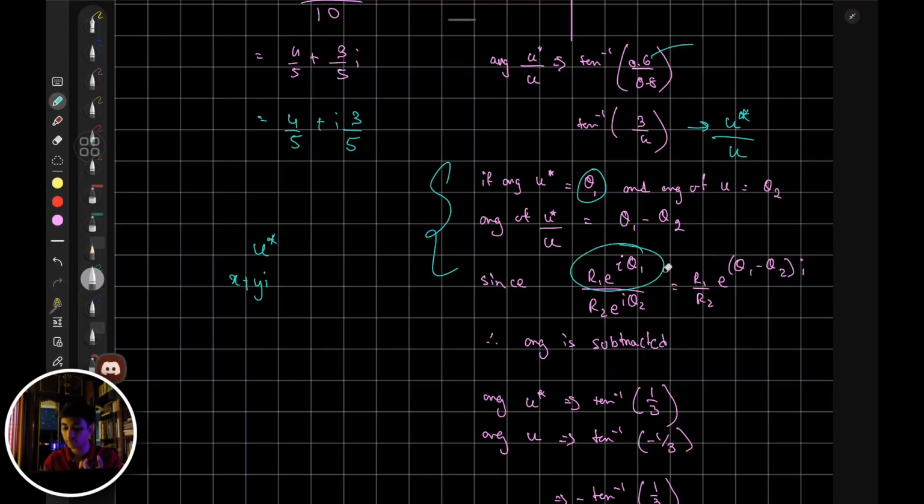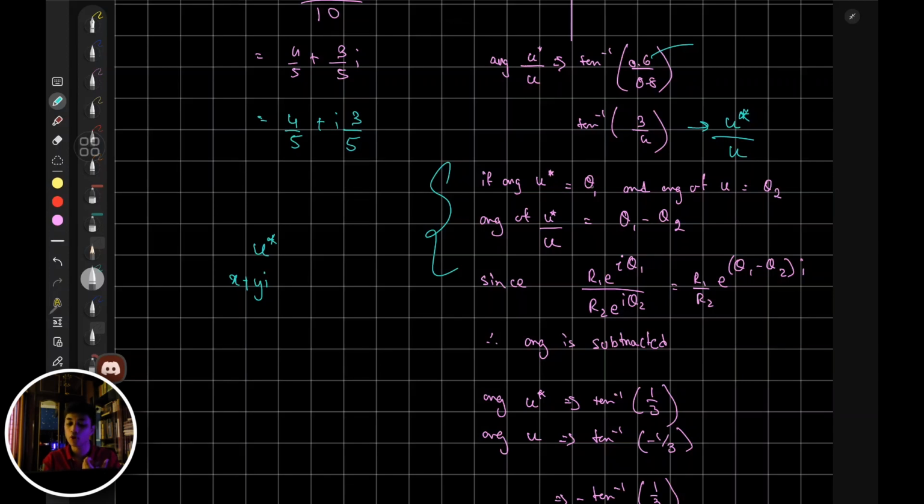In this form, which is another form of expressing a complex number. It's just a different form of expressing a complex number, right? So if you want to express in this form for u conjugate, how do you express it?